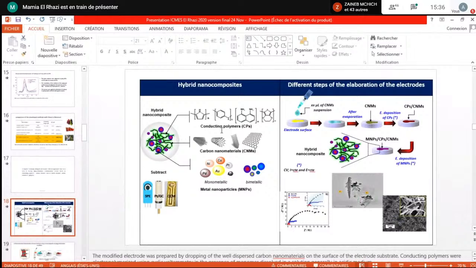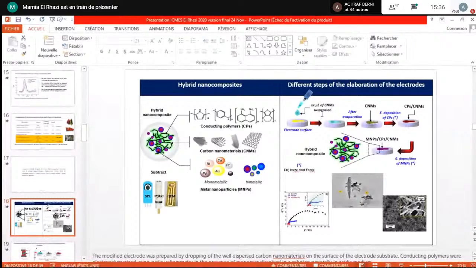So for preparing our electrode, different steps of the elaboration of the electrode are presented here. And here is our electrode. So after dispersion of carbon nanomaterials, we can carry out the electropolymerization of our polymer.